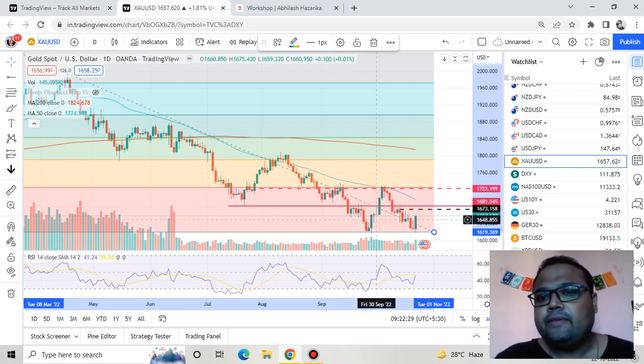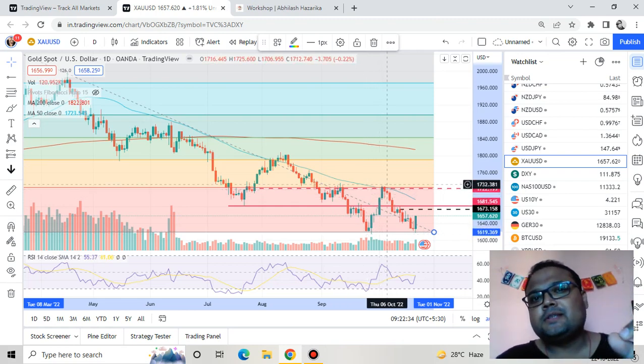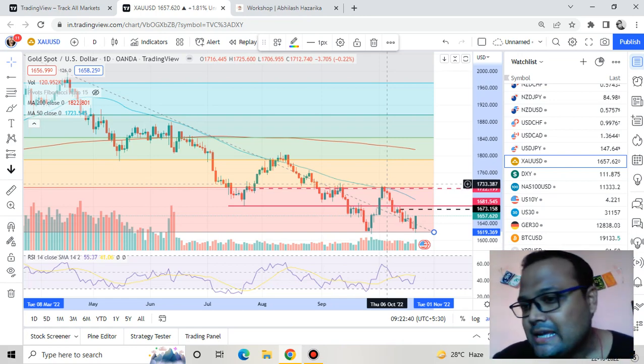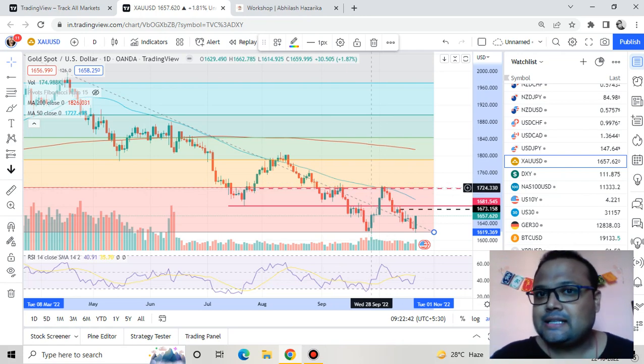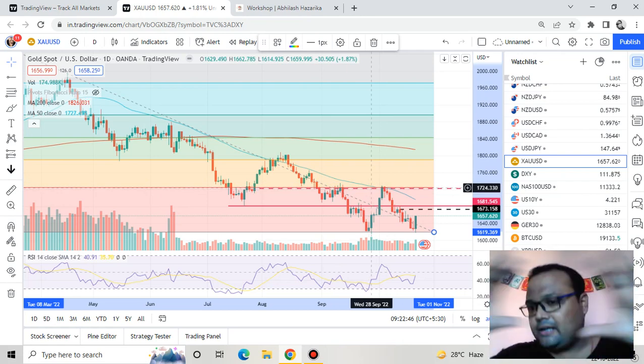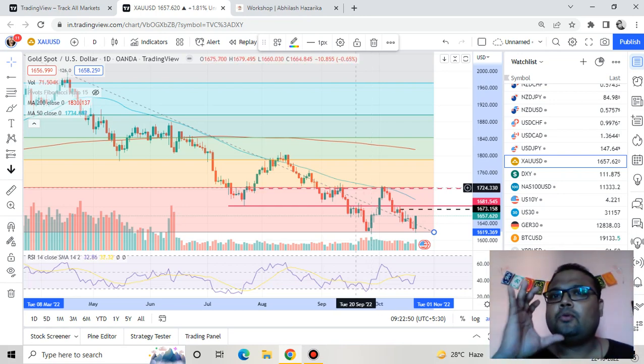Because previously when the market tried to bounce from here, the Fibonacci 23.6% was present and it did not allow the market to go up. So it clearly gives us the confidence that sellers are present at this level. So 1720, 1725 to 1730 is a whole resistance zone in the market, and I think this will be the most important resistance zone for the chart of gold for the next couple of days and weeks.